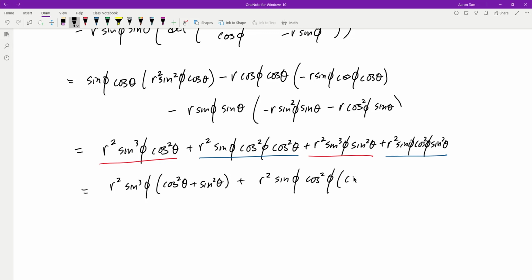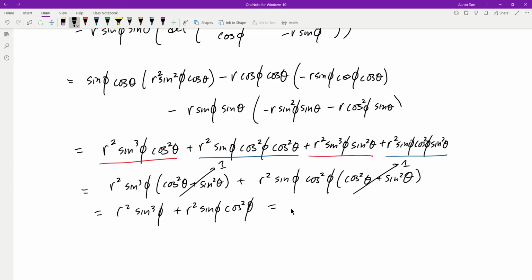And then I would have cosine squared theta plus sine squared theta. We know that comes out to be 1, and that comes out to be 1. So therefore it just becomes r squared sine cubed phi plus r squared sine phi cosine squared phi. And if I now factor out r squared sine phi, I will have sine squared phi plus cosine squared phi, which also comes out to be 1, and that comes out to be this.